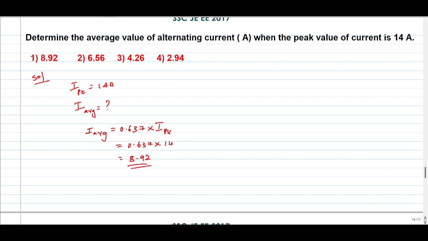So the answer is option 1, 8.92. Okay, this is the answer. See, it is a very easy question. We just need to know this derivation, that is I average is equal to 0.637 into I peak. If you know this, we can directly substitute and we will get the answer. Okay, I will solve the next question.